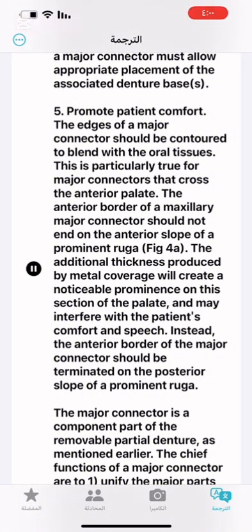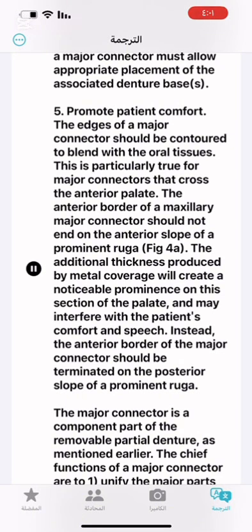4. Provide a means for placement of one or more denture bases. Generally, the type of major connector will be dictated by the number and location of edentulous areas. Certain major connectors are indicated for anterior tooth replacement, while others are not.